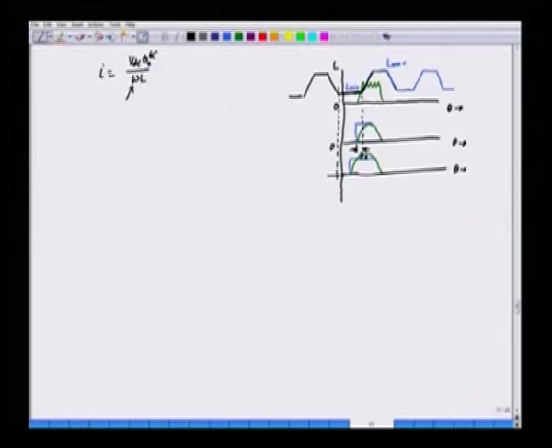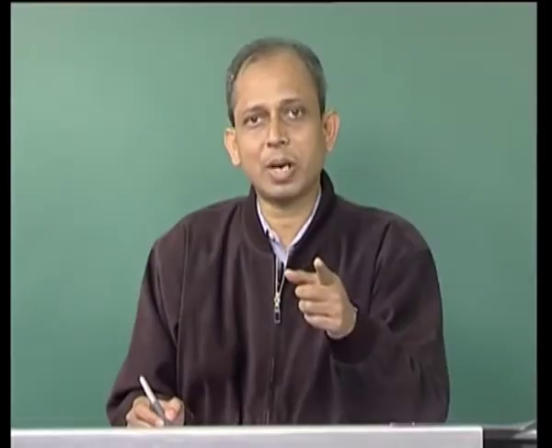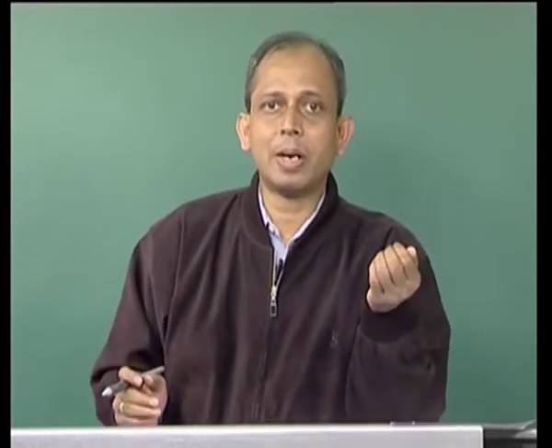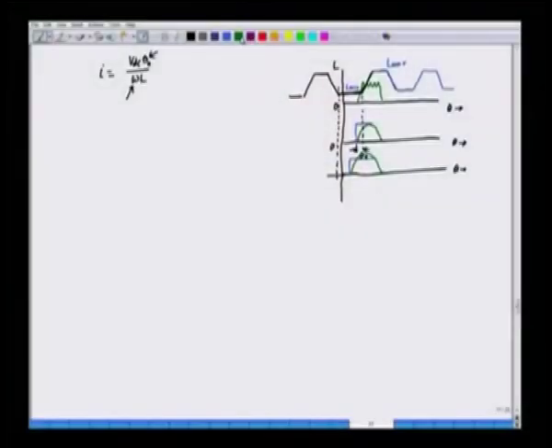So, this advance angle has a limitation, because this inductance variation is periodic. So, if you go on increasing the advance angle, we may hit again the negative dL by d theta region. This is the region in which dL by d theta is negative. So, we should avoid the current existence during this region. So, this is our maximum advance angle.